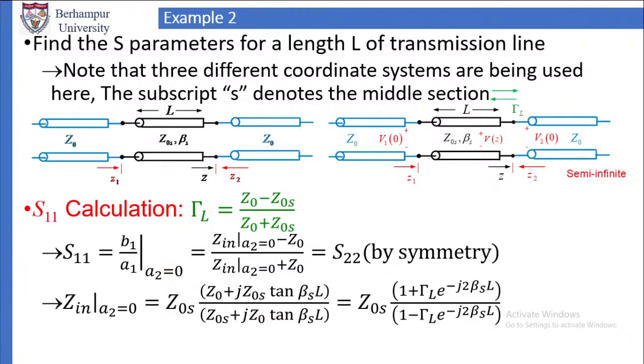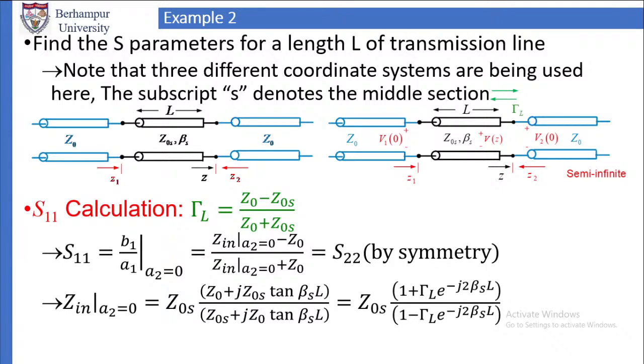That you can find using the formula for input impedance of a transmission line. Zin is equal to Z0S, the characteristic impedance, into (Z0 plus jZ0S tan beta S L) divided by (Z0S plus jZ0 tan beta S L). This is the transmission line formula.